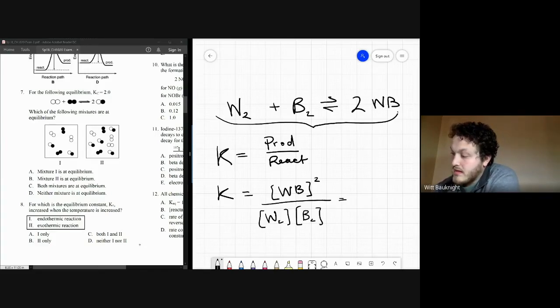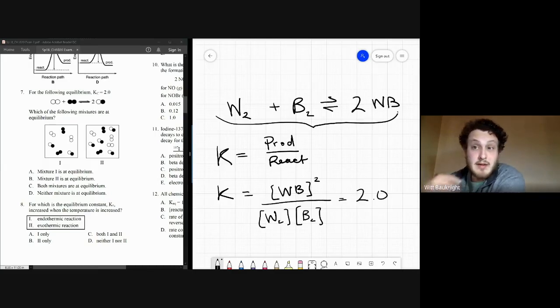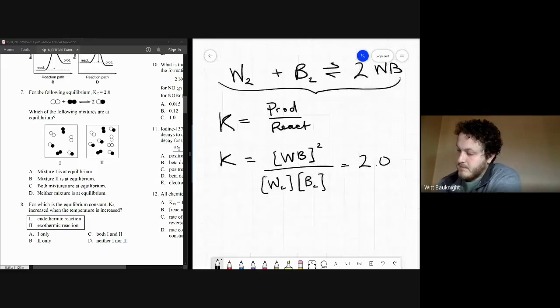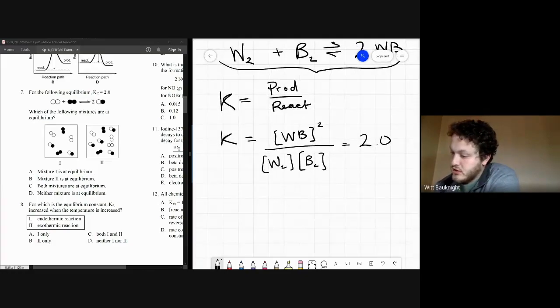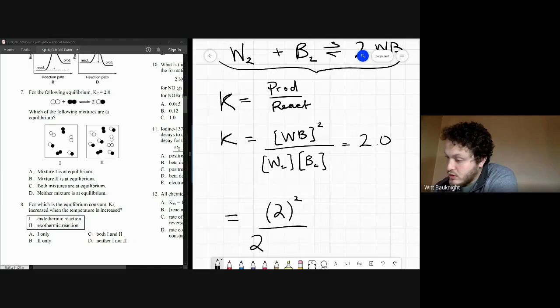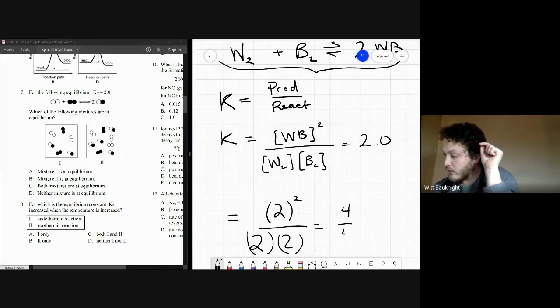And we know that this needs to equal 2 for it to be at equilibrium. Well, let's look at that first mixture. That first mixture has 2 pairs of whites and 2 pairs of blacks. Well, that equals 4 over 4, which equals 1. Therefore, this is not at equilibrium.